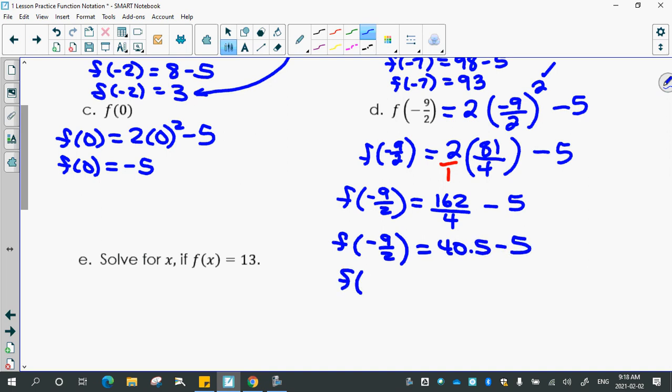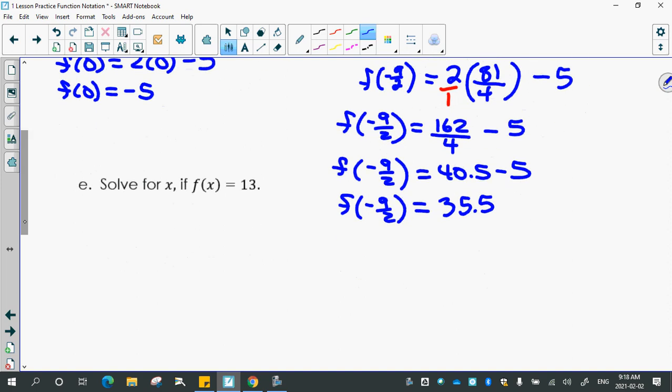Which is 35.5. If it didn't turn out to be a 0.5, like if it was a 0.3 repeat, you'd have to leave it as a fraction. Okay? And then subtract the fraction. I'm sure we'll get to examples like that in this.